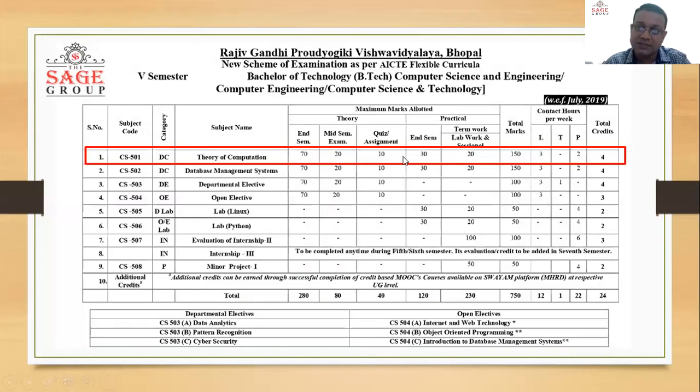Now this 100 marks portion is of theory, and the rest 50 marks will be for the practical portion. So right now I'm going to give an introduction about the theory part. In the next video I will also discuss the practical portion, what all practicals will be covered in this subject.